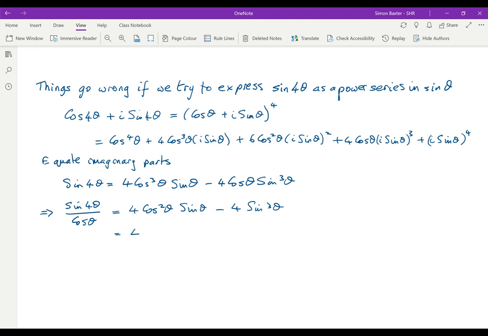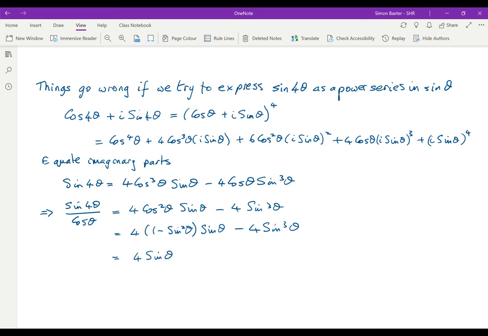That's equal to 4, cos squared is 1 minus sine squared theta, sine theta minus 4 sine cubed theta. And this is then equal to, first bit is 4 sine theta.